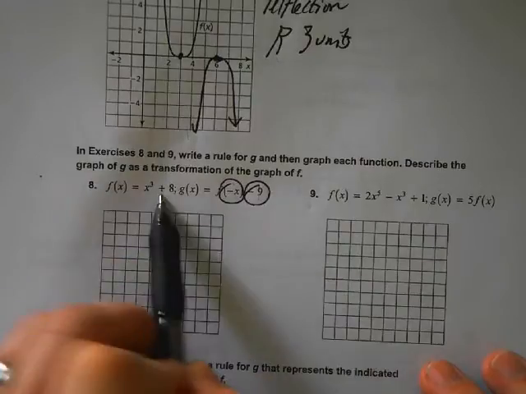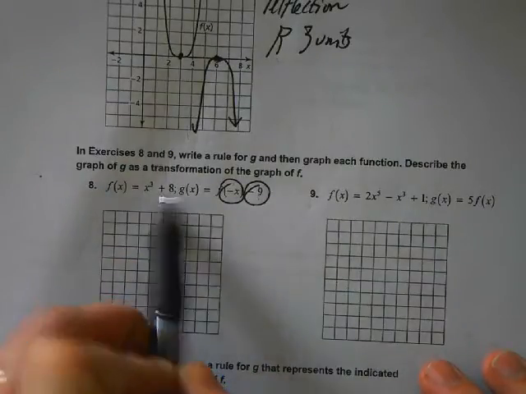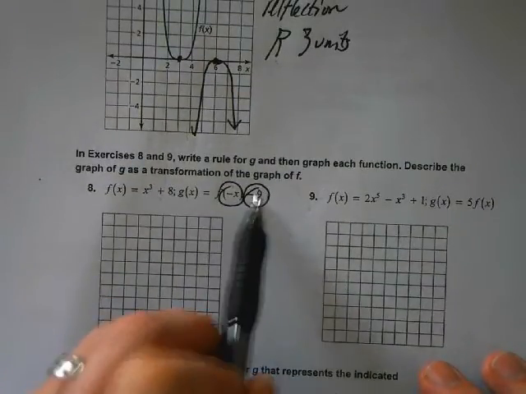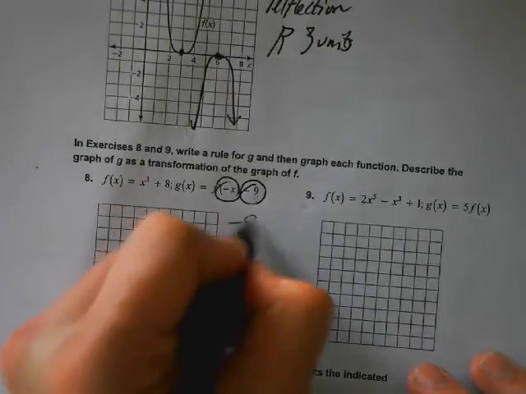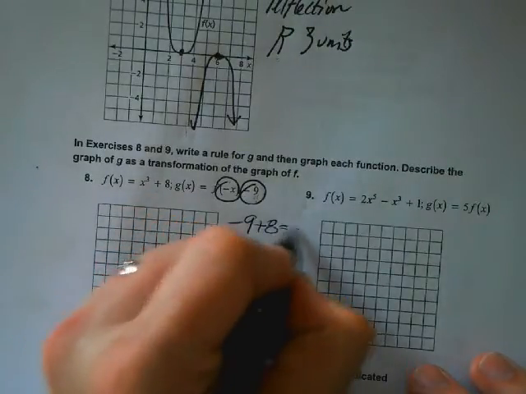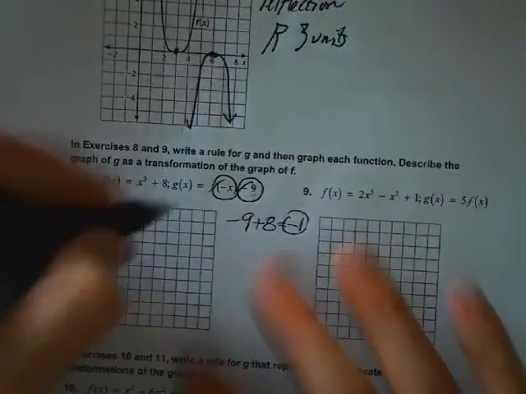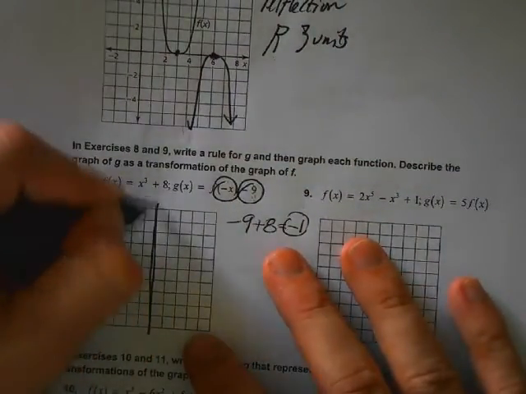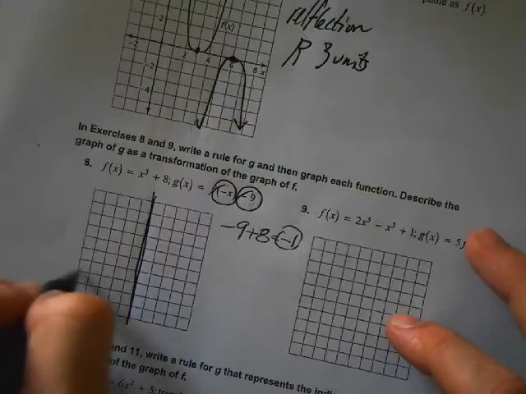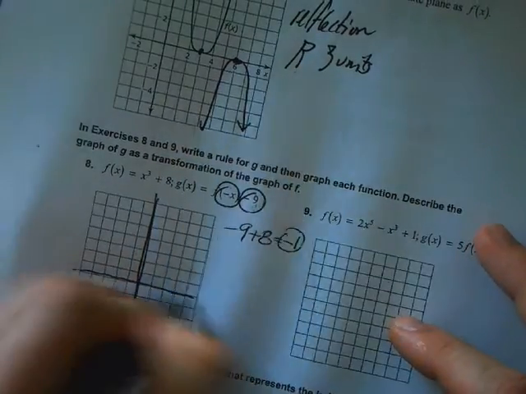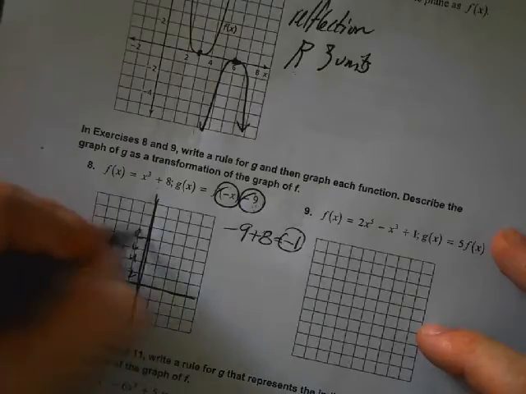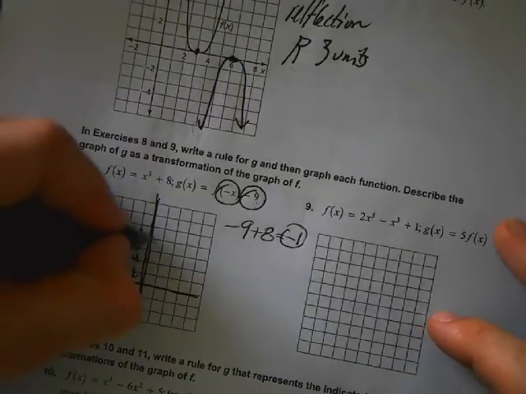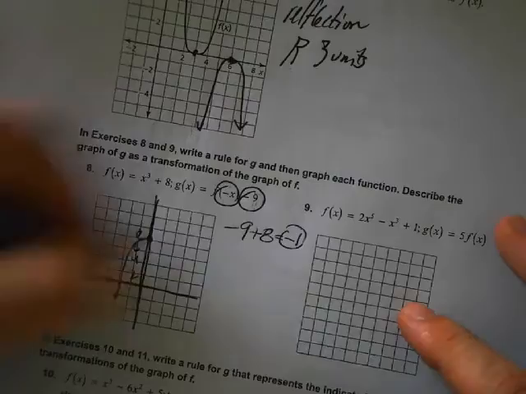We had already been shifted up 8 units, so really this is us from the parent function just going down 1 unit, because negative 9 plus 8 is negative 1. So altogether, like our original function would be 2, 4, 6, 8 would get shifted up here like this. This would be like the original.